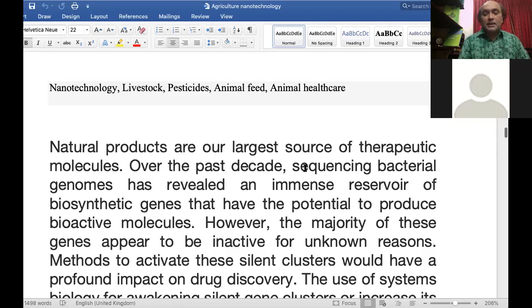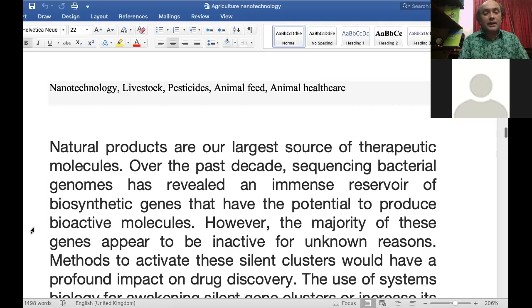Over the past decade, sequencing bacterial genomes has revealed an immense reservoir of biosynthetic genes that have the potential to produce bioactive molecules. This is a very interesting point. You should remember that most of the modern drugs we are using are derived from or discovered from bacteria like Streptomyces.